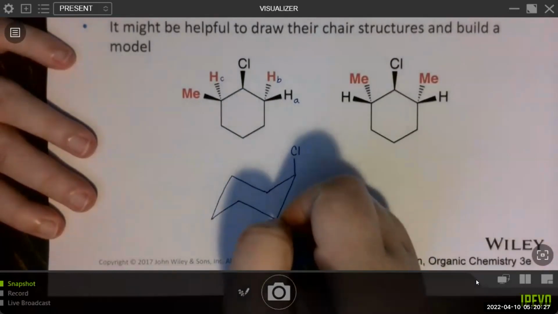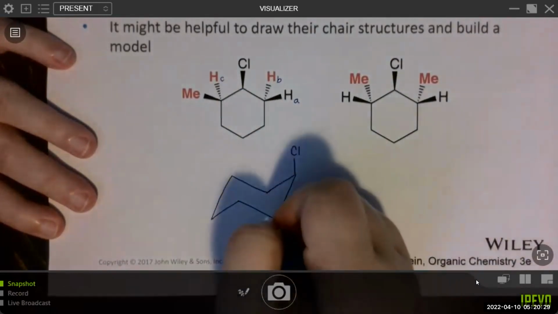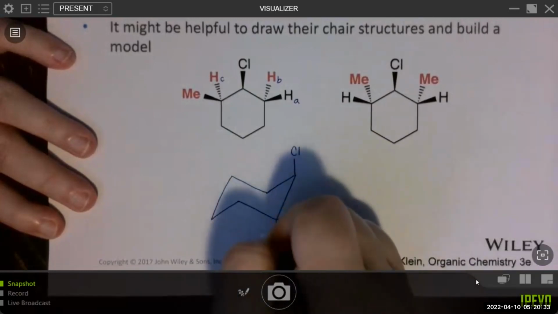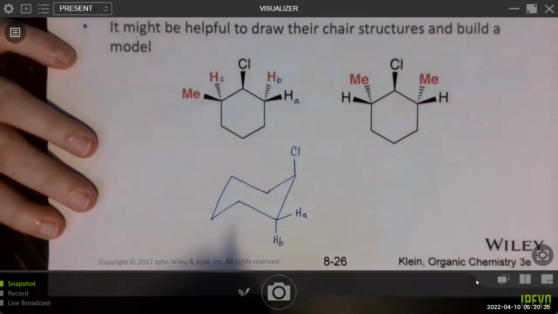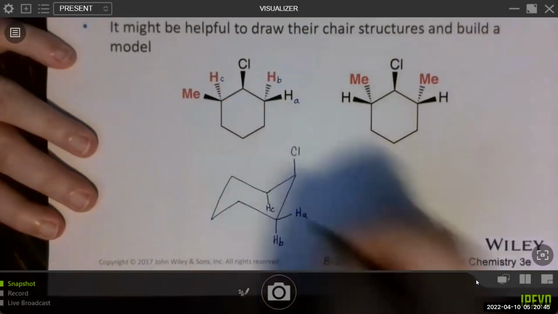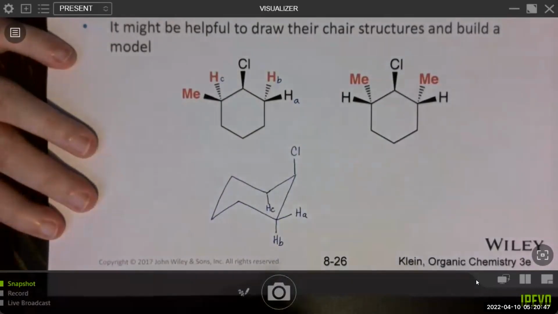We've got HA that is pointing up, so it's going to be in an axial position. We have HB that is pointing down, right? So it'll be at this position, down and axial. And then HC is also down. And the methyl here is up.